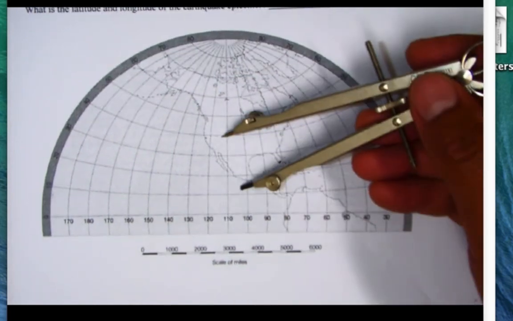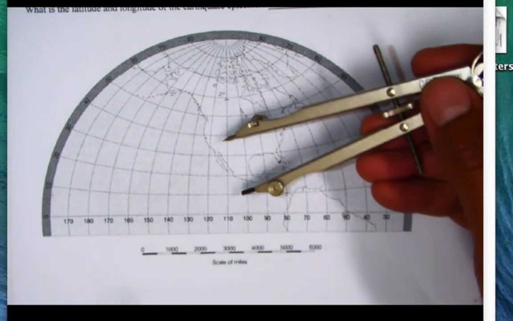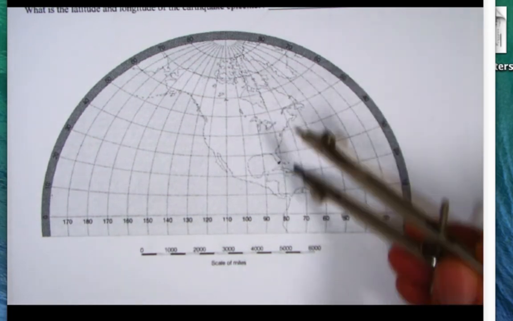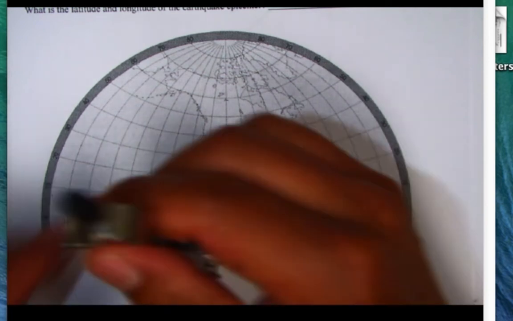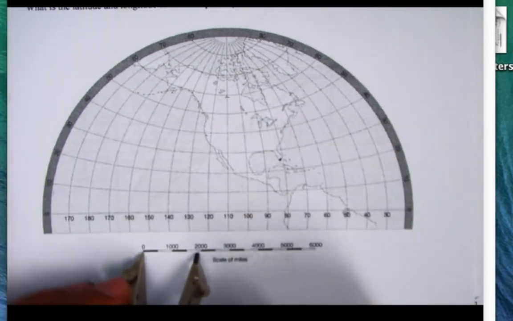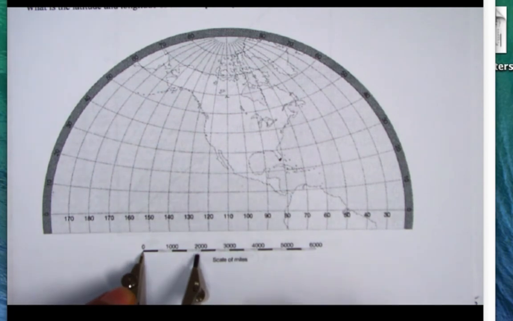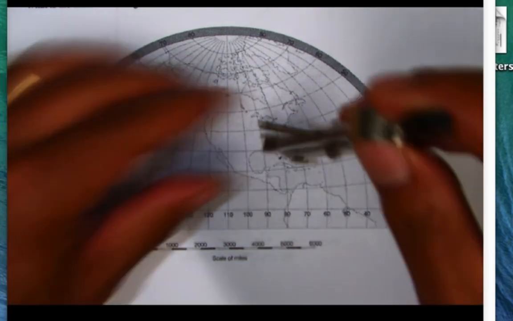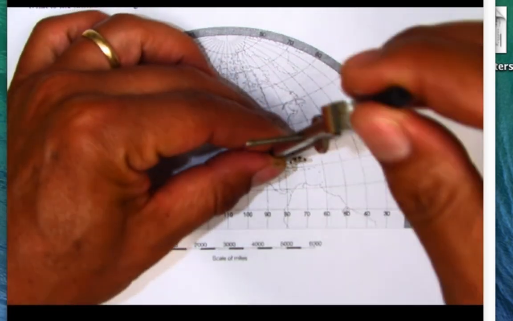You need one of these compasses to make a circle with a radius of 500 miles, because you know that somewhere 500 miles away from this point is the epicenter. So I set this on my scale here, and I calibrate this compass down to 500 miles. There's 500 miles right there. Now I've got the 500, and I just make a circle of radius 500 miles.